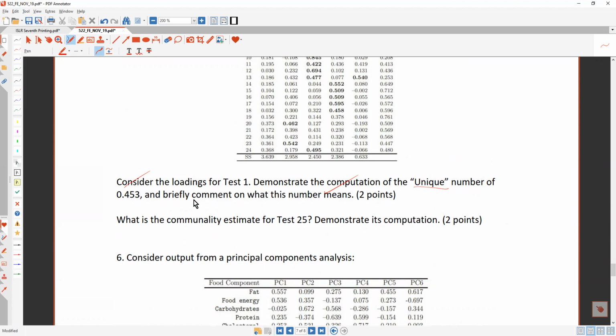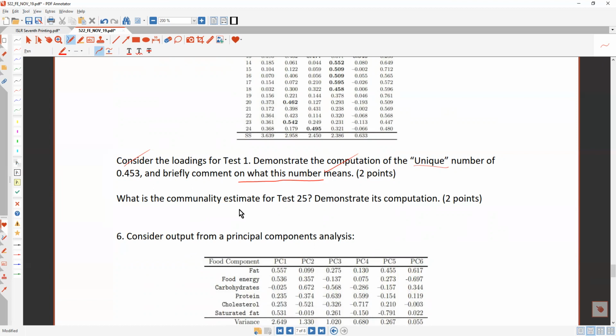You're demonstrating the computation and then you're talking a little bit about what it means. If you write too much information, remember, you can get a point deducted for saying something that's wrong. So you don't want to write a whole page on what it means and hope something sticks. Because if you say something wrong, you can lose the full point. So make sure what you say is accurate information.